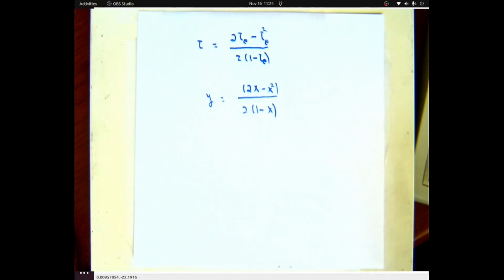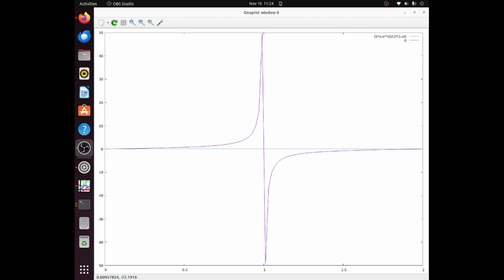Firing up GNU Plot, which is my favorite plotting software, we can see that before you get to t emit equals 1, you do get solutions, and the y-coordinates are positive. So the time at which the photon catches up with Fred is positive. Everything is as it should be.